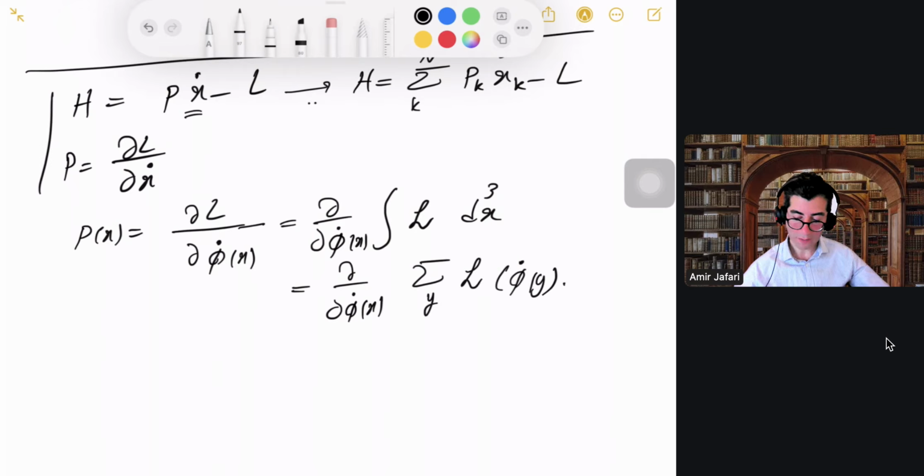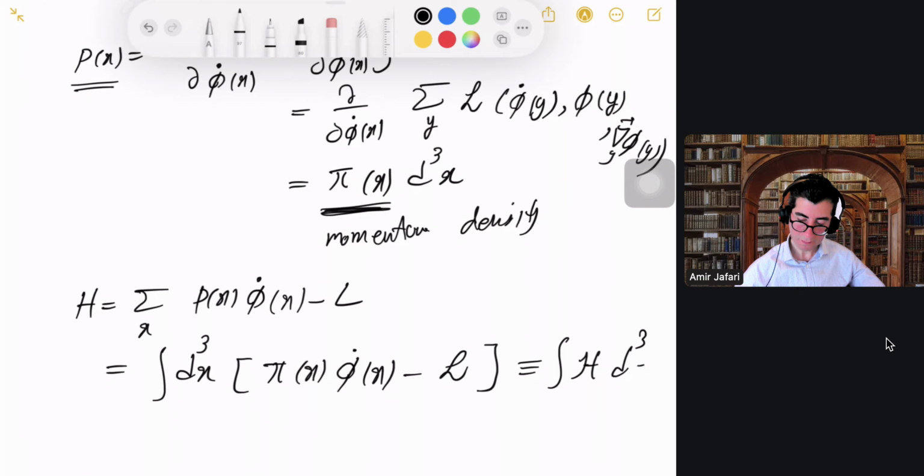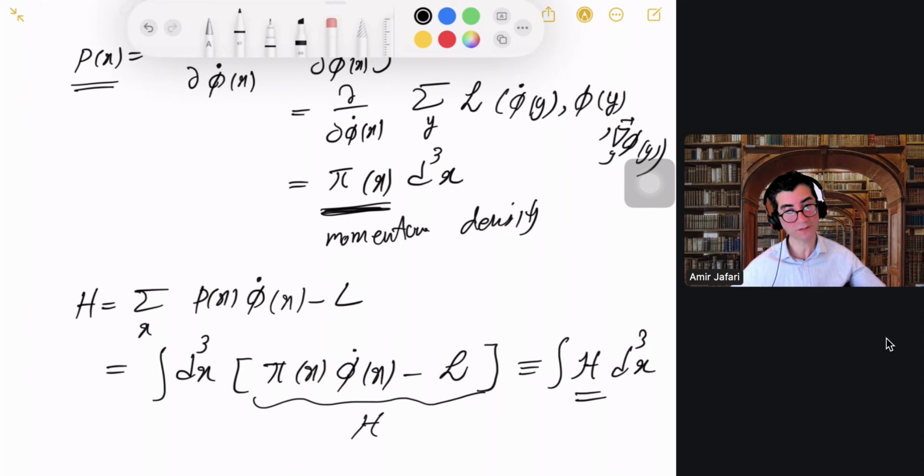The summation goes to integration, and it's going to be π(x) φ dot(x) minus L. And you can define this as the Hamiltonian density, the spatial integral of the Hamiltonian density. You see, it's the Legendre transform of the Lagrangian density.